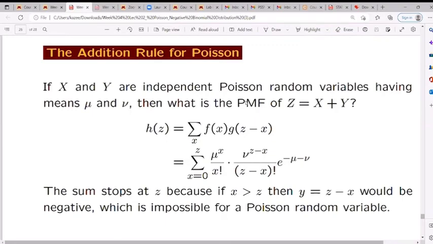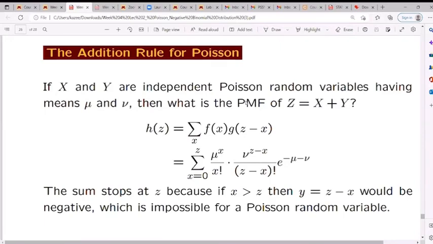If I add x to y, where x follows a Poisson distribution and y follows a Poisson distribution, what is the probability distribution of the sum of them? Of course, we're using the convolution approach now.